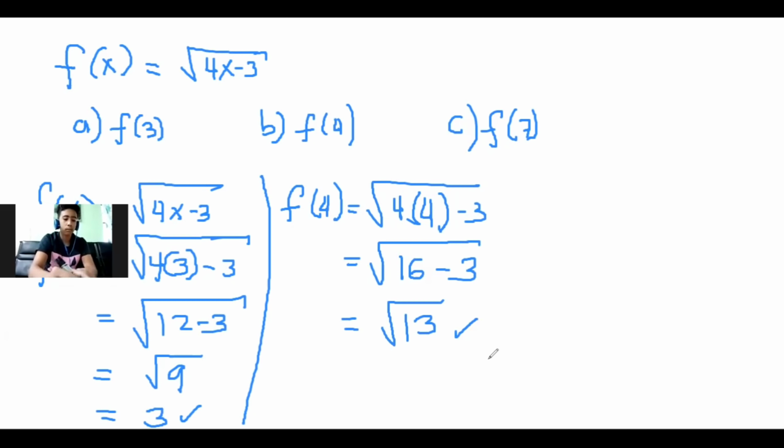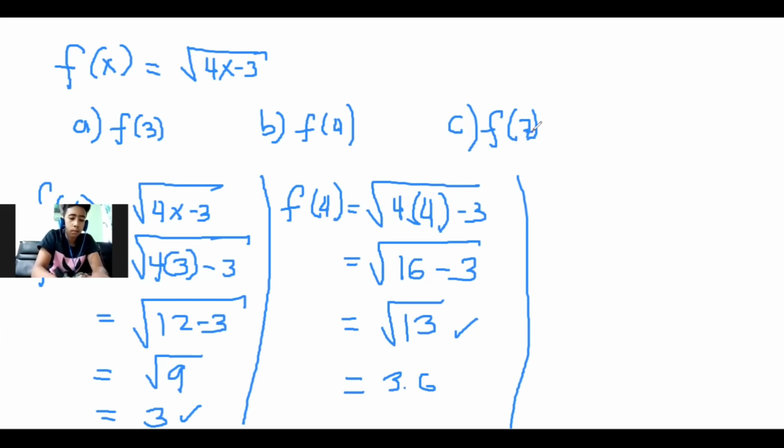If we input this in your calculator, you will get an answer of approximately 3.6. But if your answer is expressed in radical form like square root of 13, that is already considered correct. Now let's proceed with letter C solution.